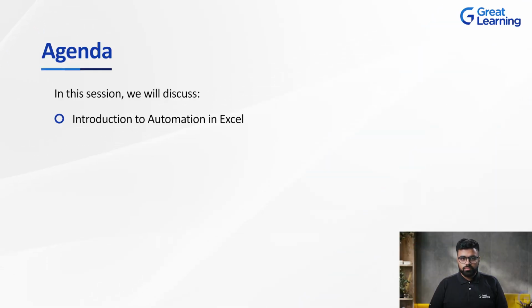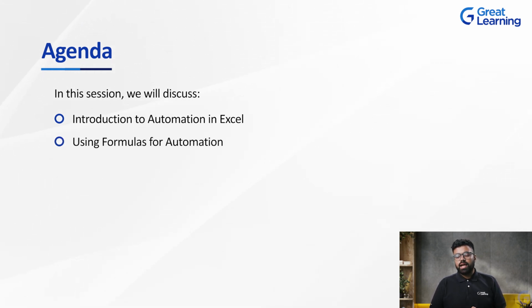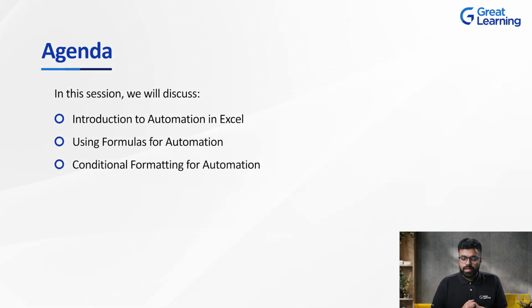First in this session, we'll talk about what is automation in Excel. We'll have a brief description of what automation actually means when we're talking about Excel. Then we'll look at some formulas and functions, the most commonly used ones to clean and transform your data for this automation. Then we'll talk about conditional formatting for automation in Excel.